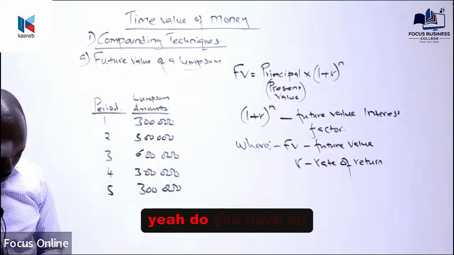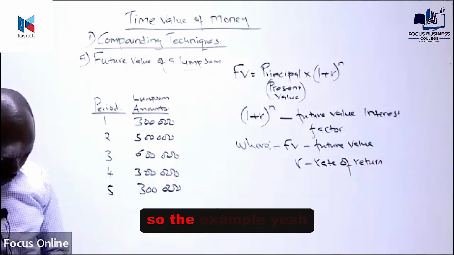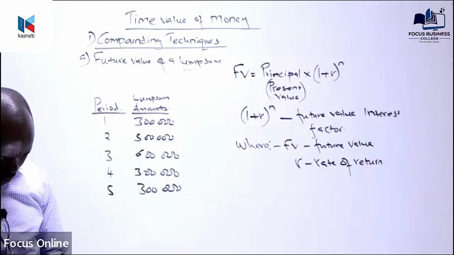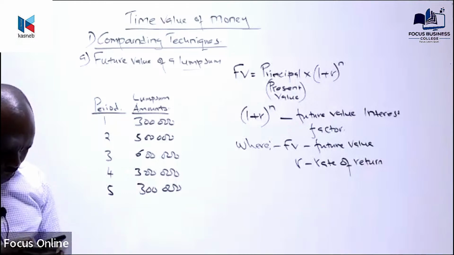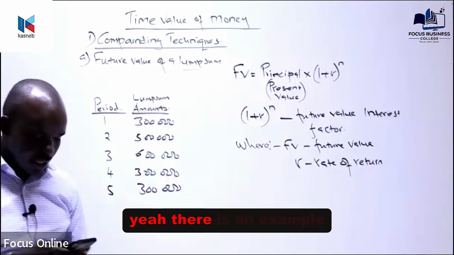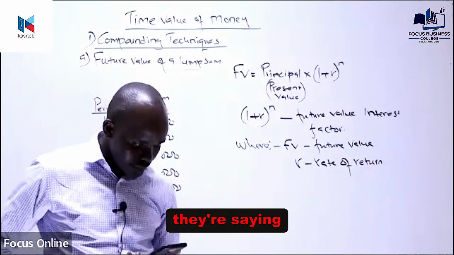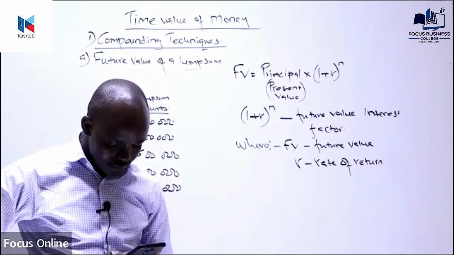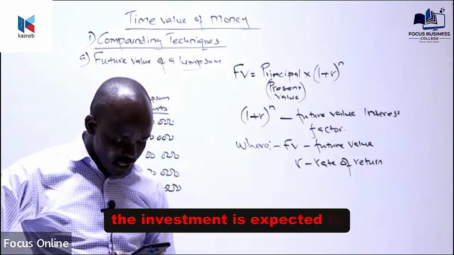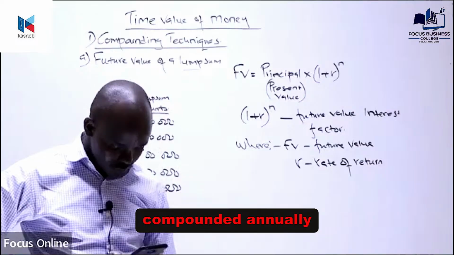Do we have an example there? Yeah, there is an example there. Look at that example. They're saying, assume that you've just invested Kenya shillings 100,000. The investment is expected to earn interest at a rate of 20% compounded annually.